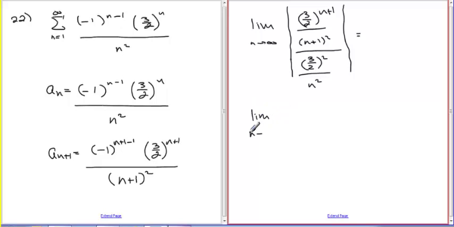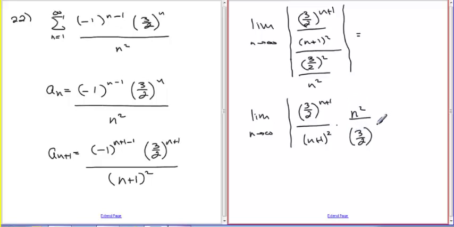So we can take the reciprocal of the denominator, which I haven't done yet. First I got to write the numerator. So we take the reciprocal of the denominator. Okay. Simplify it. So we get 3 halves to the n plus 1 divided by 3 halves to the n. So that's just going to leave us with 3 halves. And then we have this ratio.